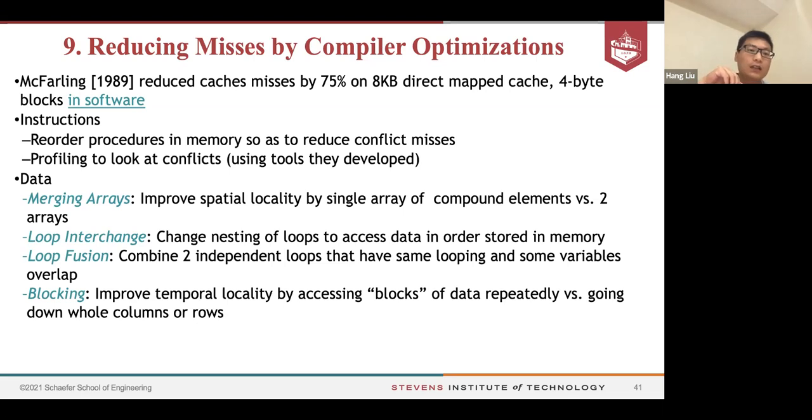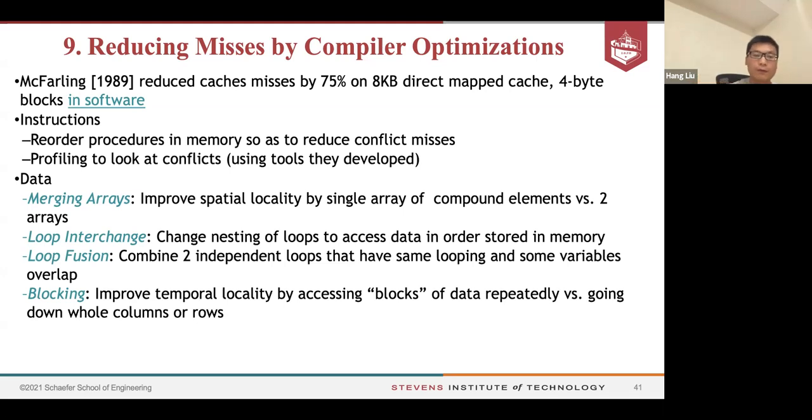We can reorder the procedures in memory so as to reduce the cache misses. We can use profiling to see what the cache conflicts are. We can merge arrays, improving spatial locality with a single array of compound elements of two arrays. We can do loop interchange, changing the nesting of loops to access data in the order it is stored in memory.